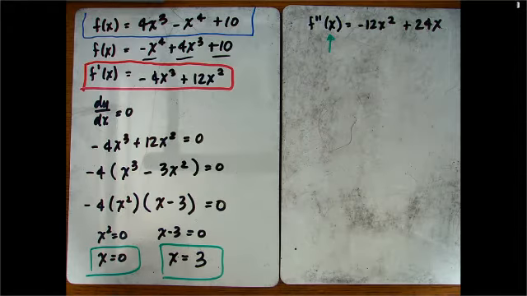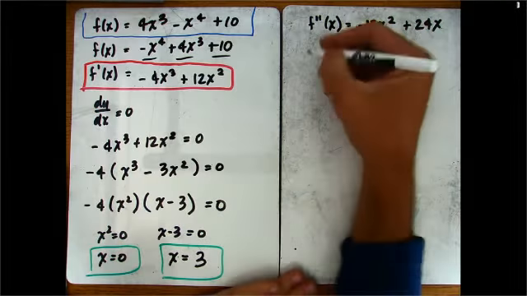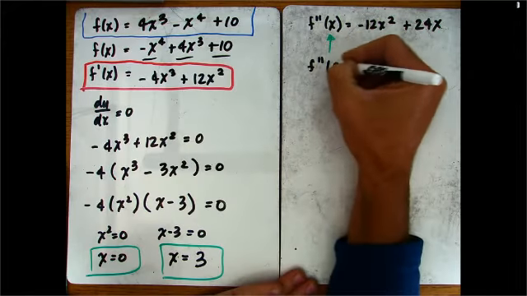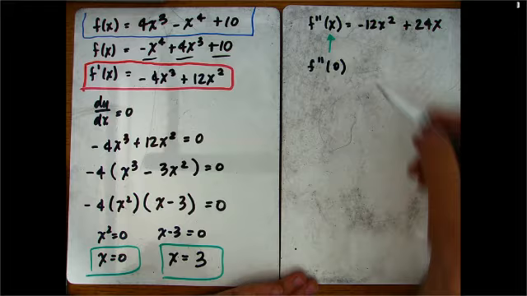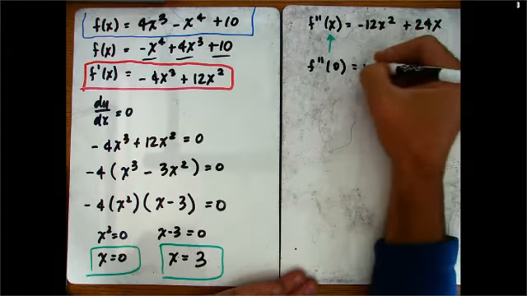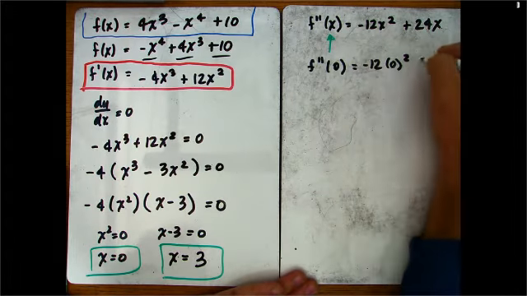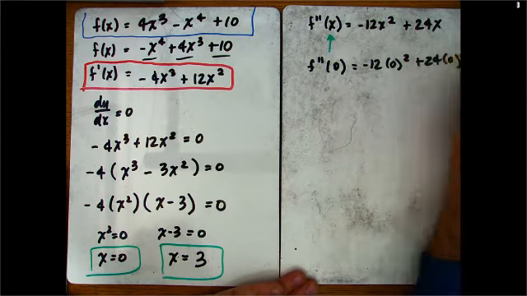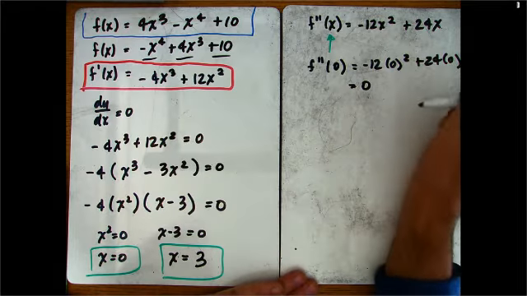What would that tell us about those particular points? So let's take a look. What if I did f double prime of 0? If I put a 0 in here, I get negative 12 times 0 squared plus 24 times 0. That's obviously equal to 0.